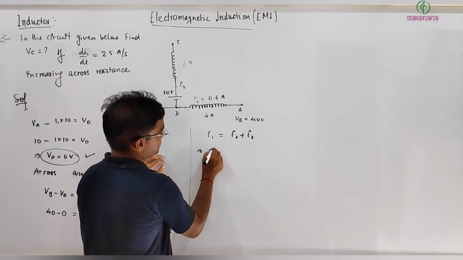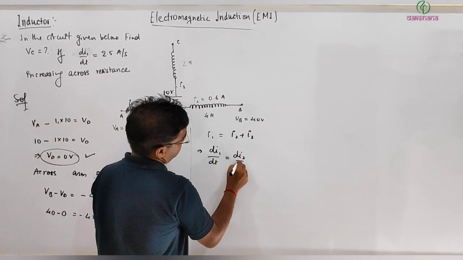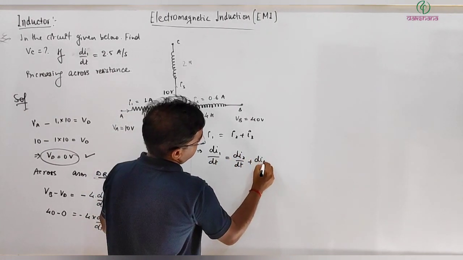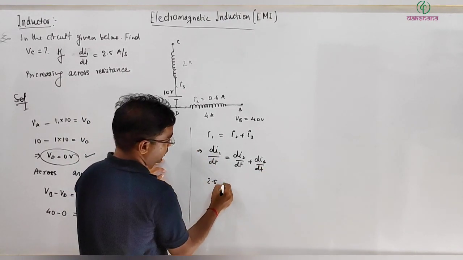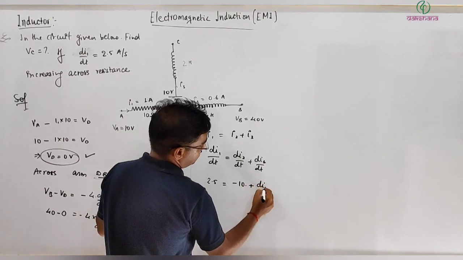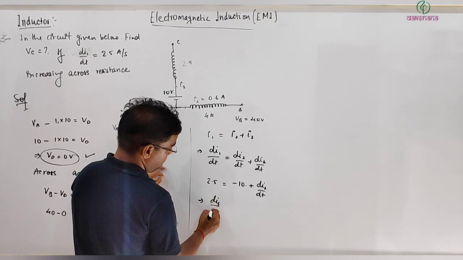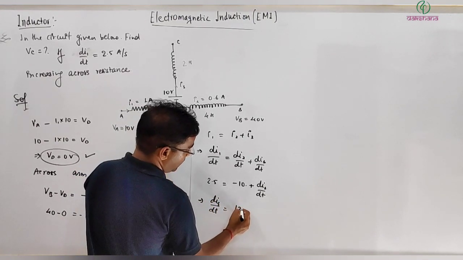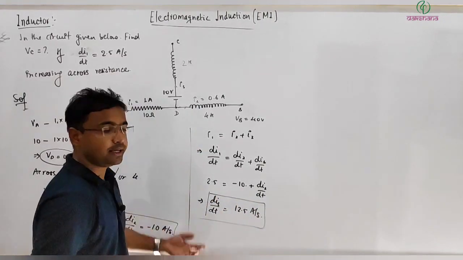Now differentiating this, di1 by dt equal to di2 by dt plus di3 by dt. This is 2.5, this is minus 10, plus di3 by dt. This implies di3 by dt equal to 12.5 ampere per second. This is also increasing. Clear?